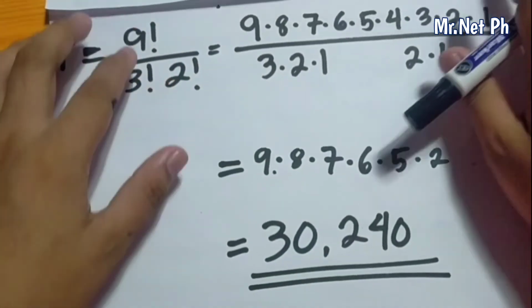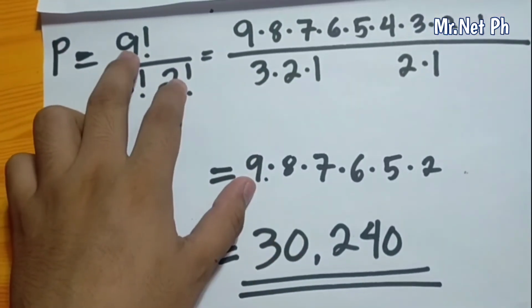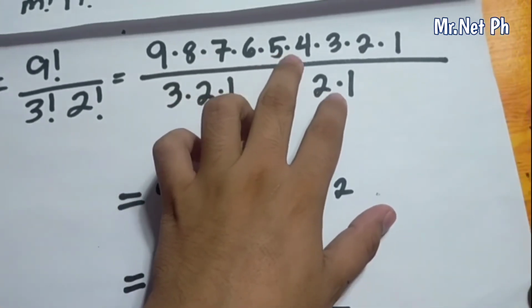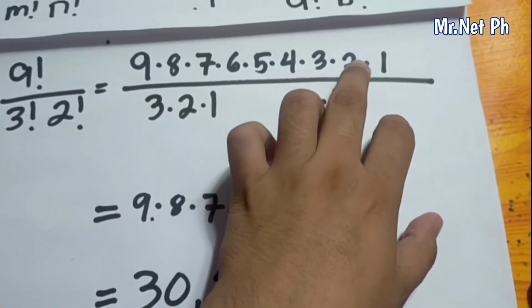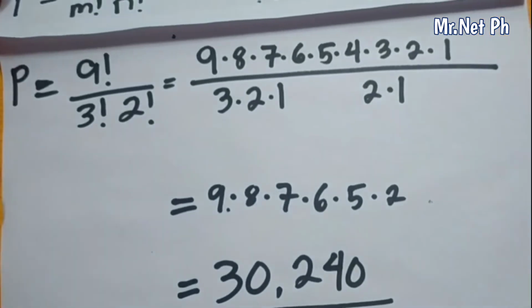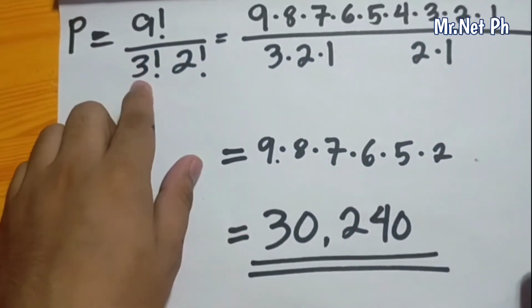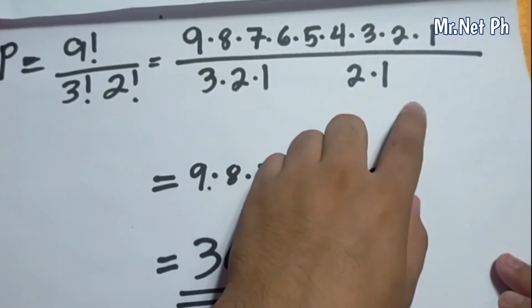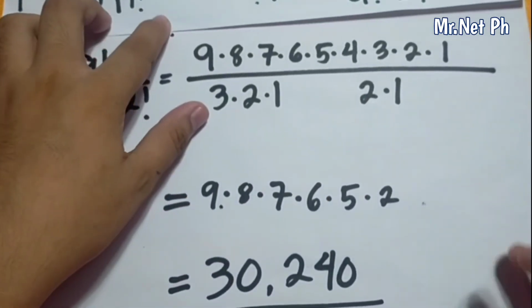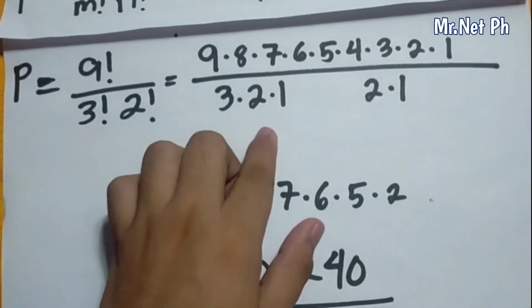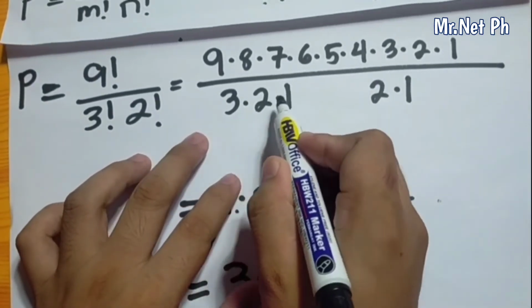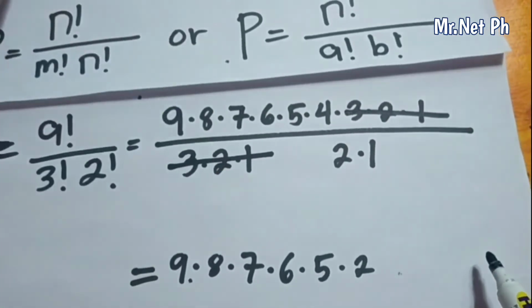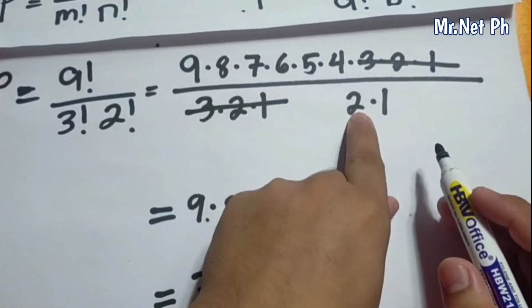So, i-factorial natin, yung 9 factorial: 9 times 8 times 7 times 6 times 5 times 4 times 3 times 2 times 1. So, i-copy natin yung 3 factorial: 3 times 2 times 1, and 2 times 1. So, ang una muna natin gagawin is i-cancel out natin yung denominator na 3 times 2 times 1. Cancel and then cancel. So, may matitirang 2 times 1.